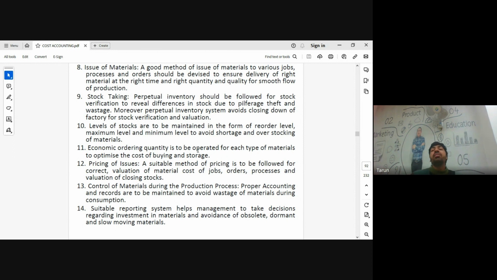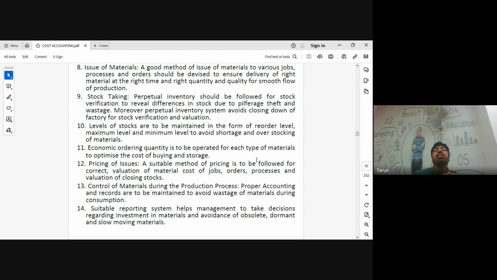That could be avoided by having suitable reporting systems, which will be made up by the professionals and experts within the organizations or those appointed by the organizations.